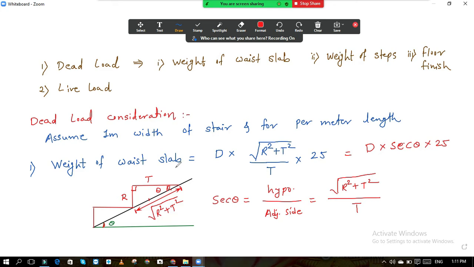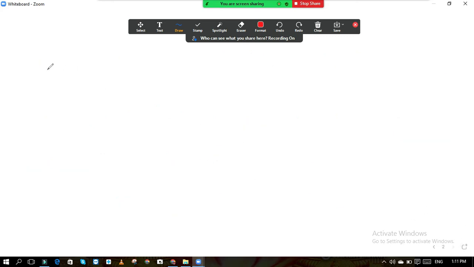So this is about the waist slab. How do we take the weight of the waist slab? Now the next thing is the weight of each step. The formula to calculate the weight of each step is r by 2 into 25.